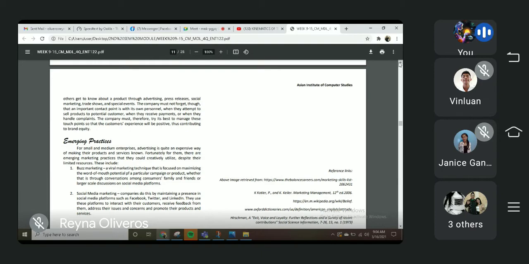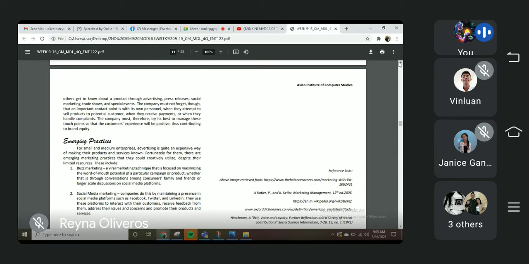Then, number 2, emerging practices is social media marketing. So, social media marketing, companies do this by maintaining a presence in social media platforms such as Facebook, Twitter, LinkedIn, meron pa Instagram, YouTube, di ba? They use these platforms in order to interact with their customers.